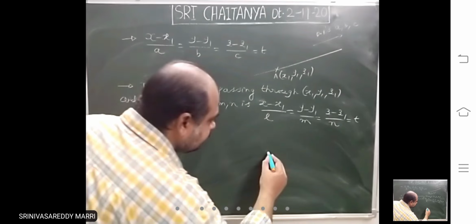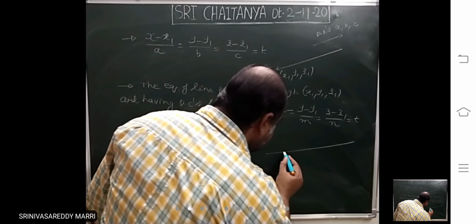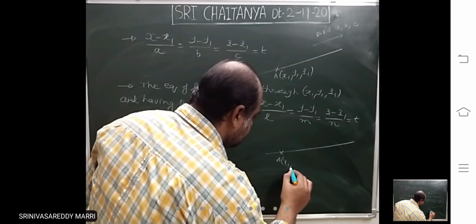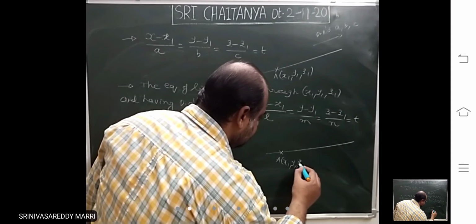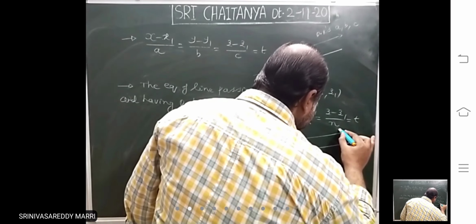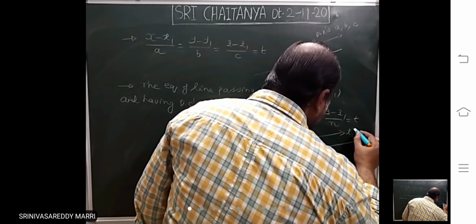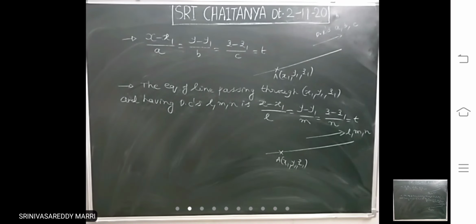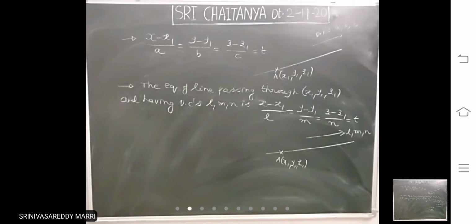Just simply, the point is the same. Passing through a point and having DCs means what? DCs means direction vector; a unit vector will be given to you. DCs are given.